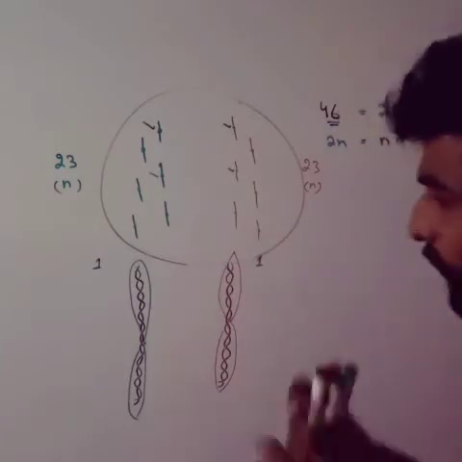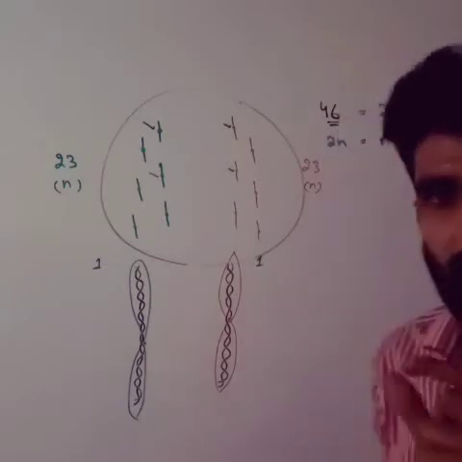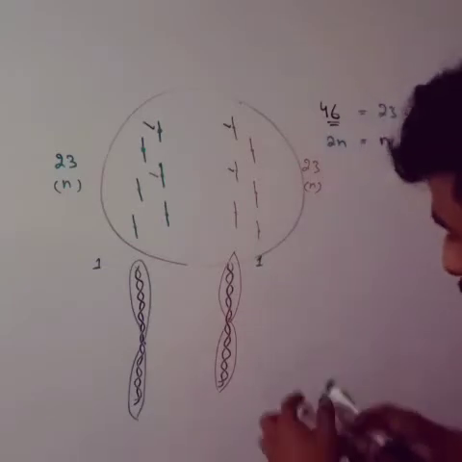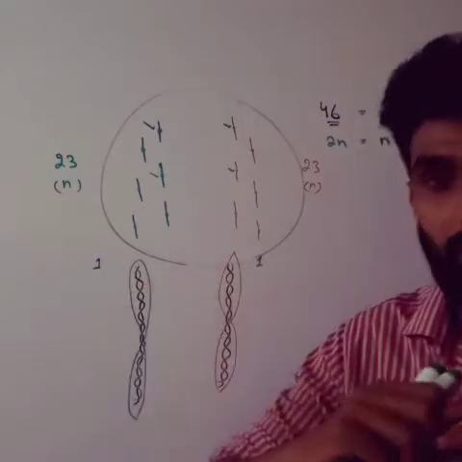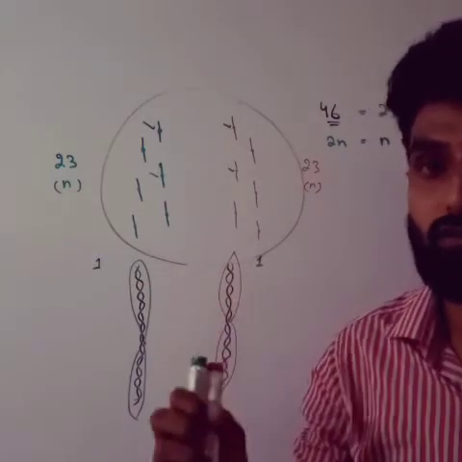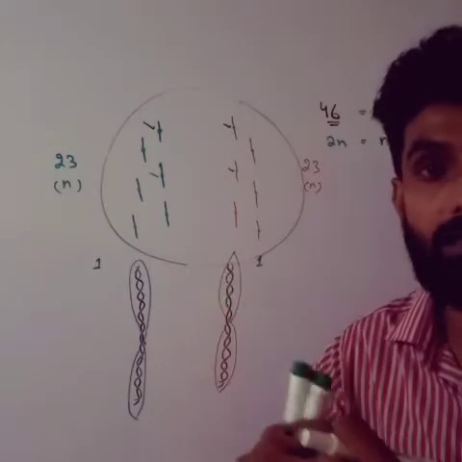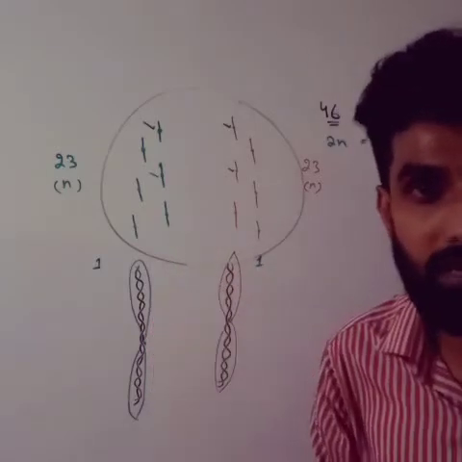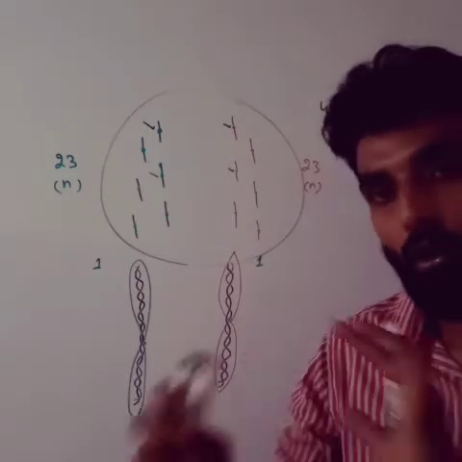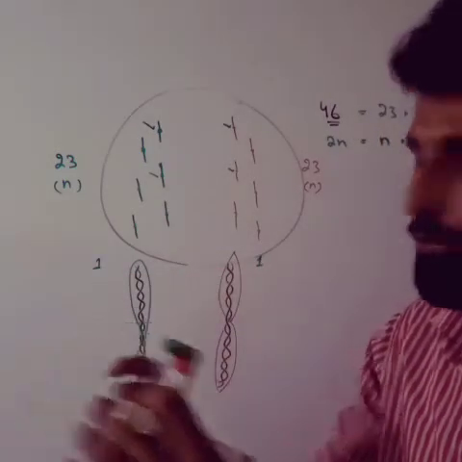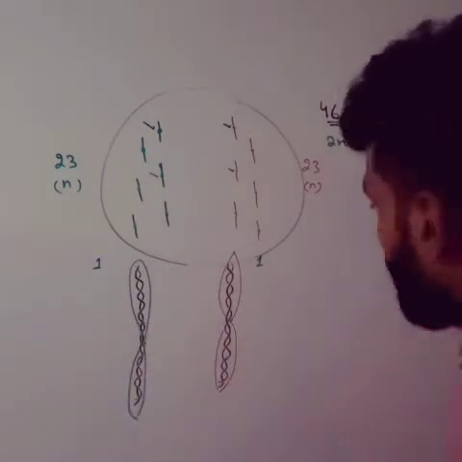To understand the concept of genes, first of all let me elaborate a little bit about the structure of DNA. In the previous videos I have explained in detail how nucleotides get attached, what type of bonding is formed, and how the double helix structure of DNA is formed. Here I will give you a very brief summary.